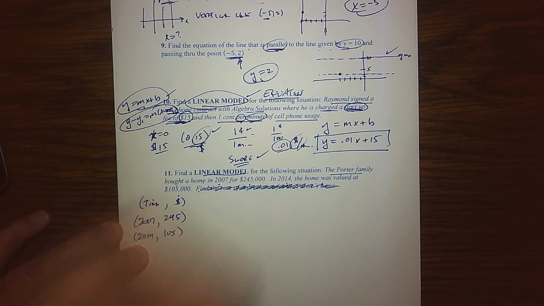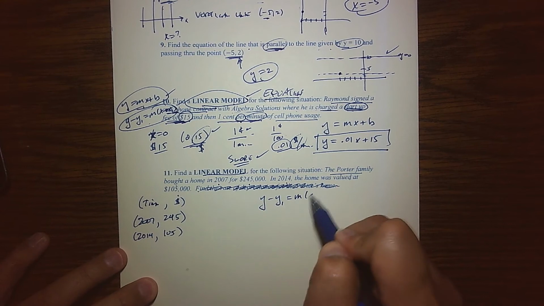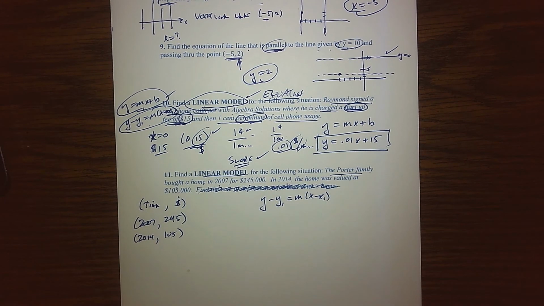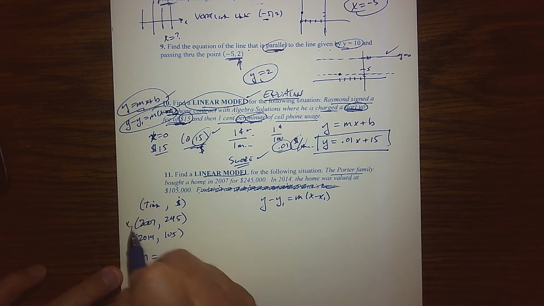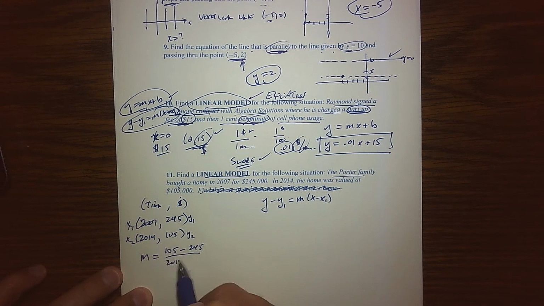It looks to me like we're going to lean towards the good old y minus y1 equals m times x minus x1. And so finding my slope, here's my x1 and my y1, here's my x2 and my y2. We have 105 minus 245 over 2014 minus 2007.